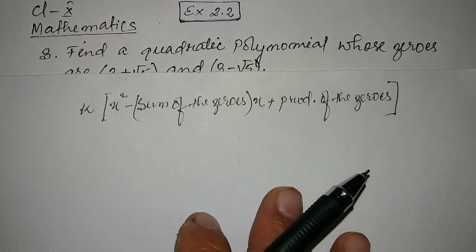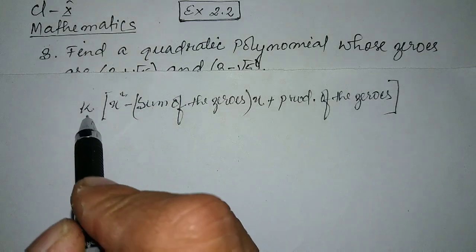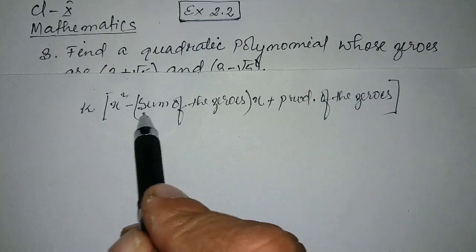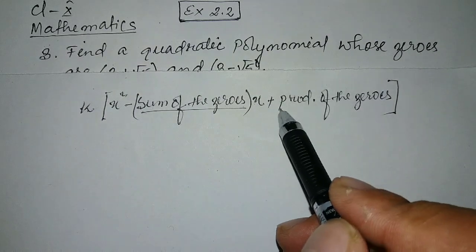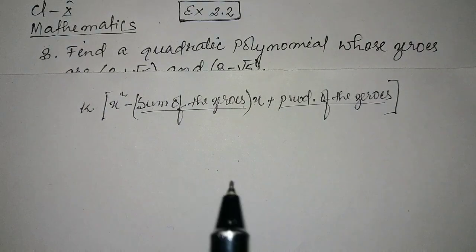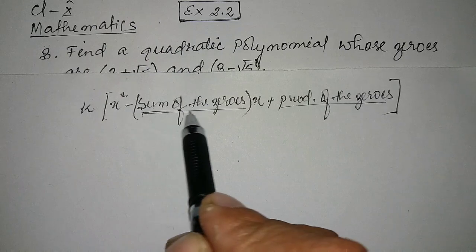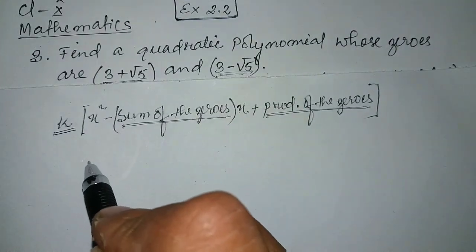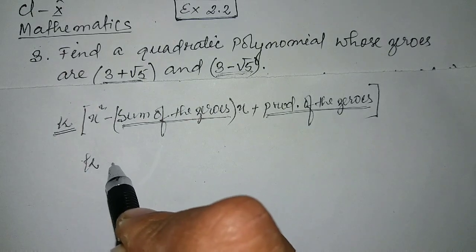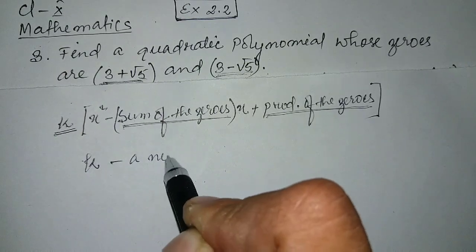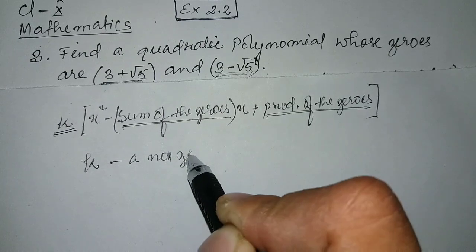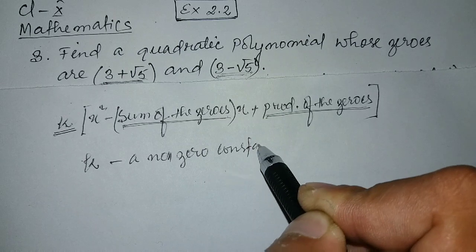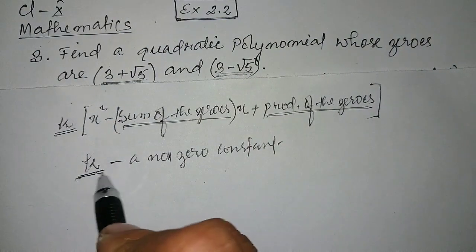So here we are going to use this formula: k x square minus sum of the zeros x plus product of the zeros. So to do this we need to find first the sum of the zeros and the product of the zeros. K is a non-zero constant, and it is a real number.